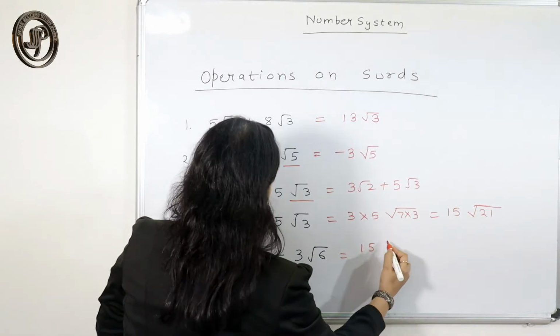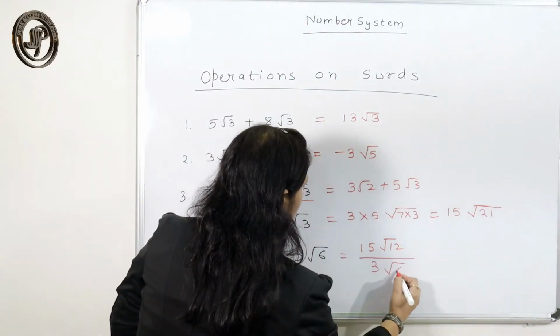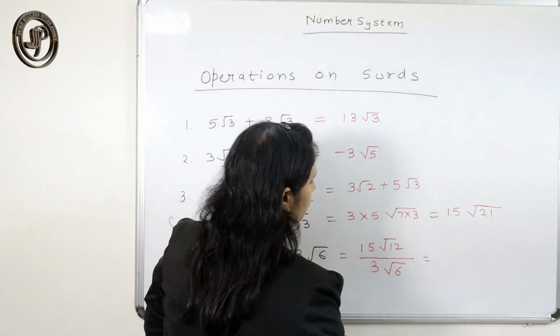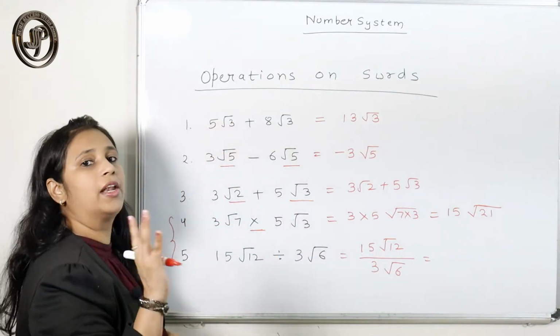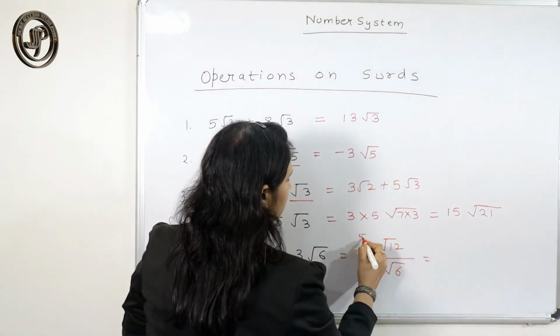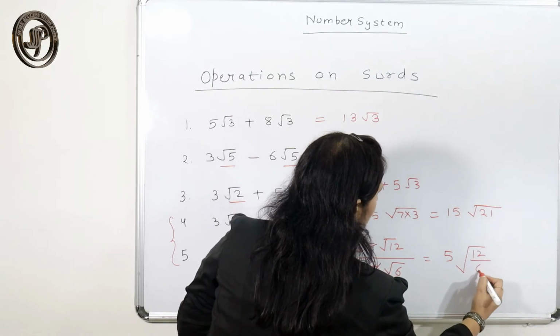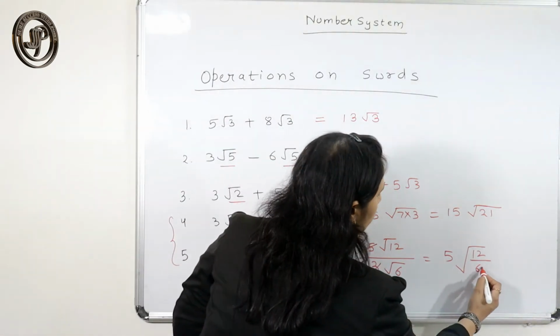This you need to divide. So this is 15 root 12. This is 3 root 6. Fine. So how can you just divide this? Since the order is same, then only you can divide. So if you cancel this, you will get 5 root 12 upon 6, because the order is same, so you can take in one root.